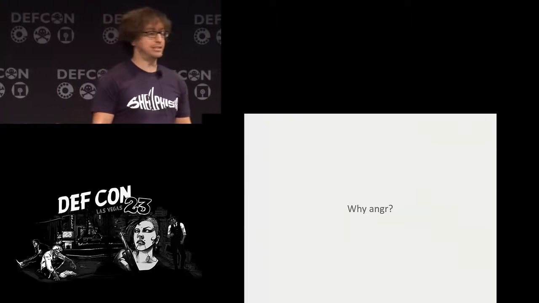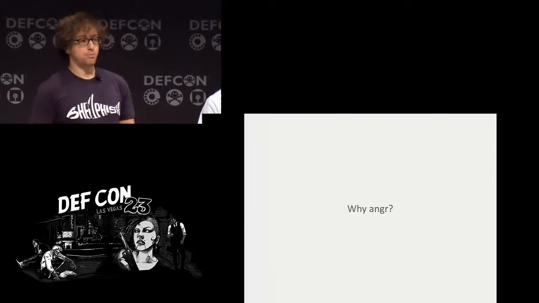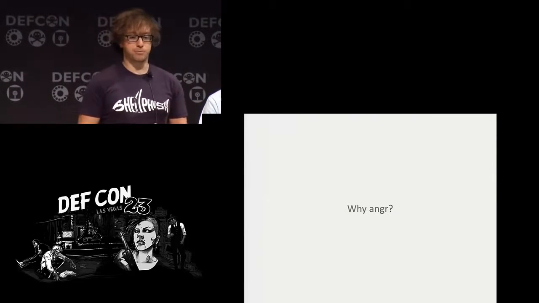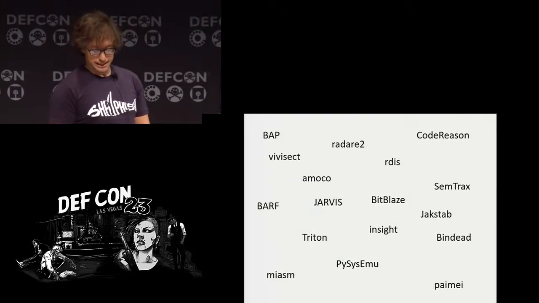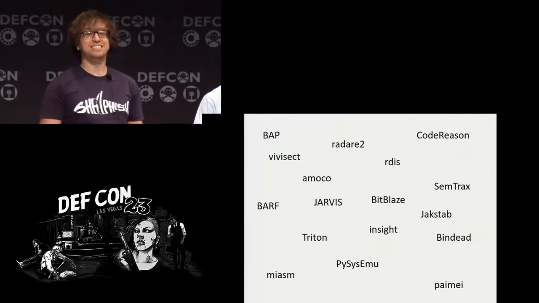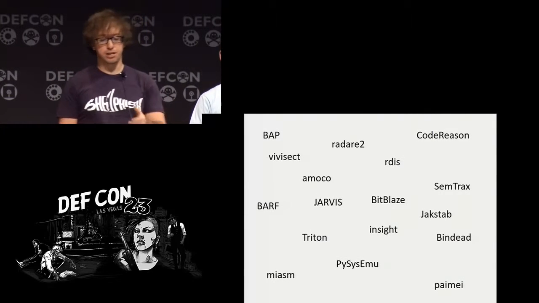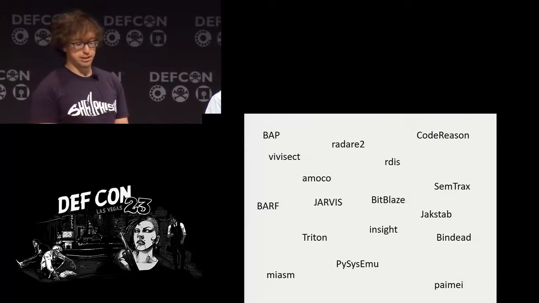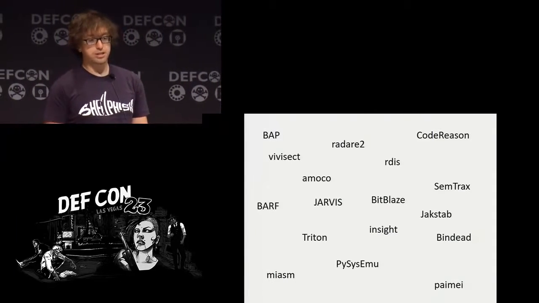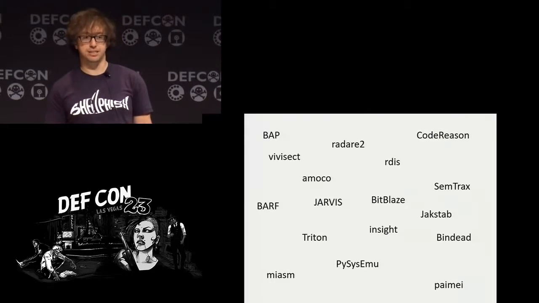So let's jump into that. Why angr? Why did we build a binary analysis platform mostly from scratch instead of using one of the ones available out there right now? In fact, there's tons of them out there. When preparing this talk, I went through and saw what our competition is, kind of, and they're enough to fill an entire slide.